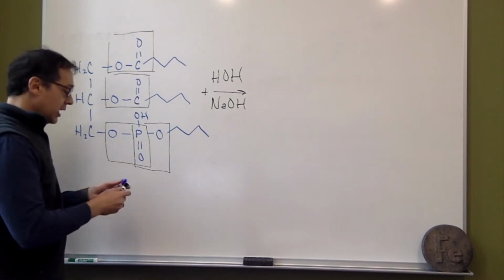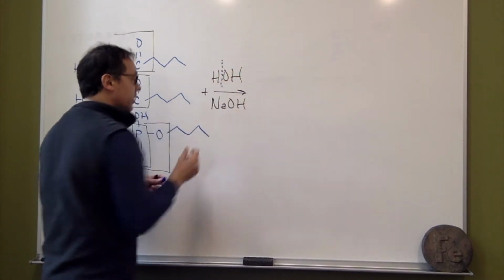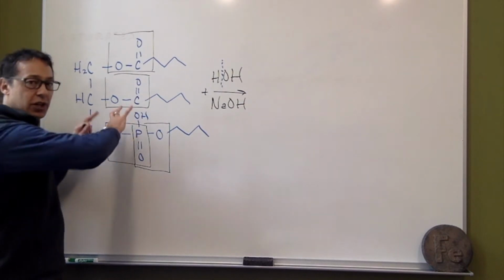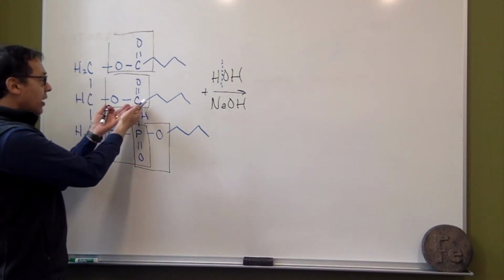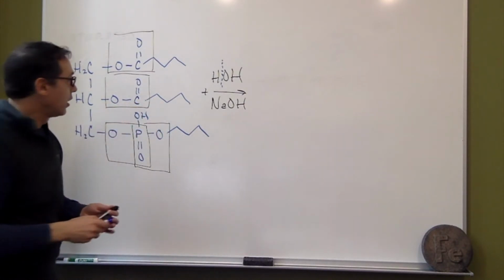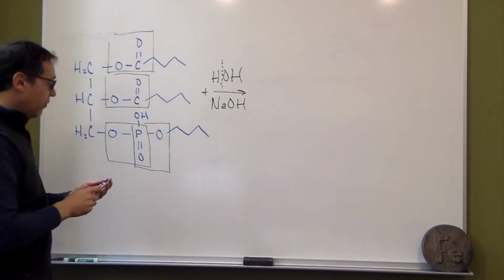So the reaction is very similar to what we did last time. We're going to take our water molecules, break them apart like this, and then add them to our ester linkages and pull them apart. I'm going to start out here with our ester linkages that would form fatty acids. That looks very similar to what we did before.